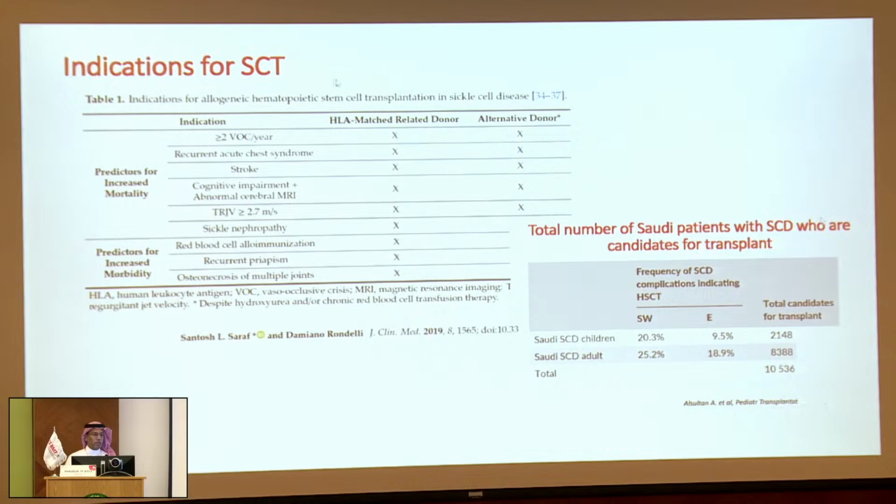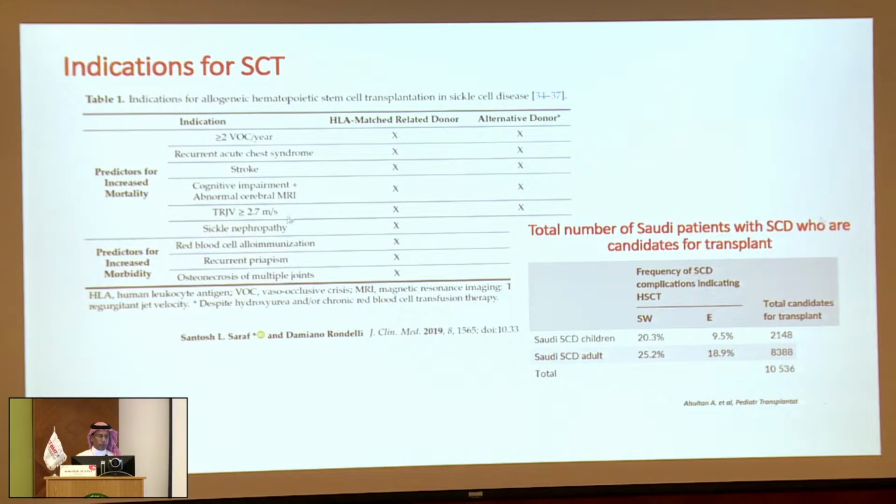Therefore, we set criteria for severe types of patients, those who have multiple veno-occlusive crises, recurrent acute chest syndrome, any sort of cerebral vasculopathy. Of course, stroke is one of them, but any vasculopathy will be an indication for transplant. Those who suffer any neurological deficit, of course.